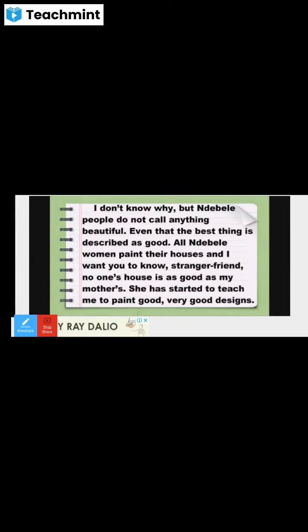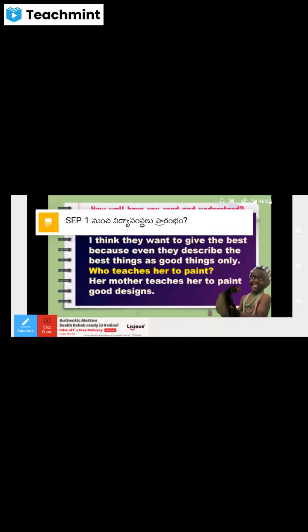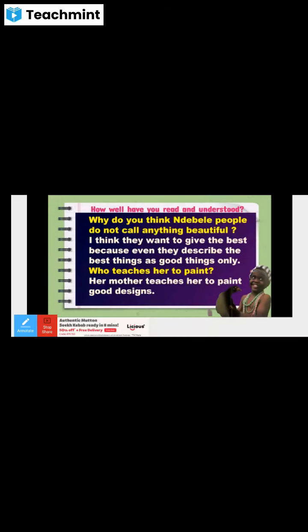So what did you understand in the last paragraph? How well have you read and understood? Why do you think Ndebele people do not call anything beautiful? Here I think they want to give the best, because even the best thing is described as good only.